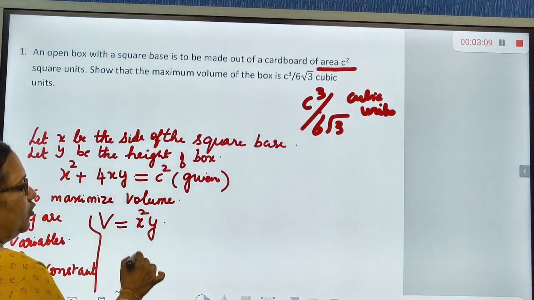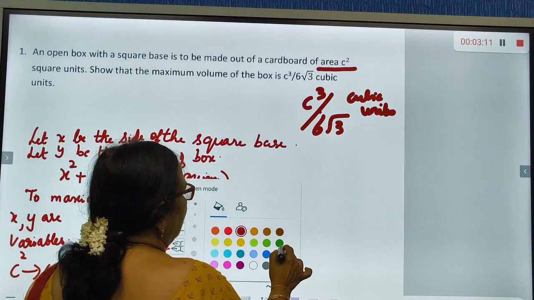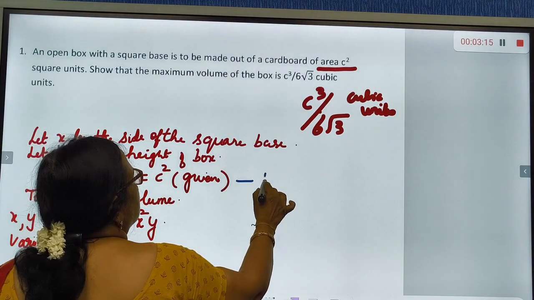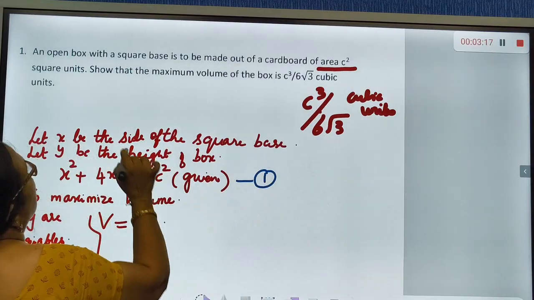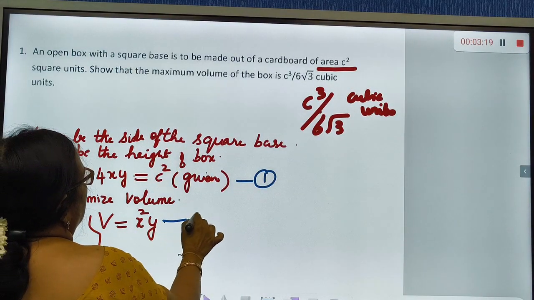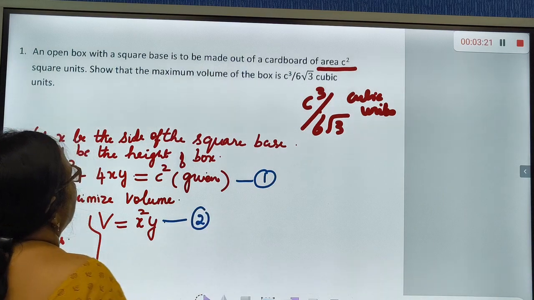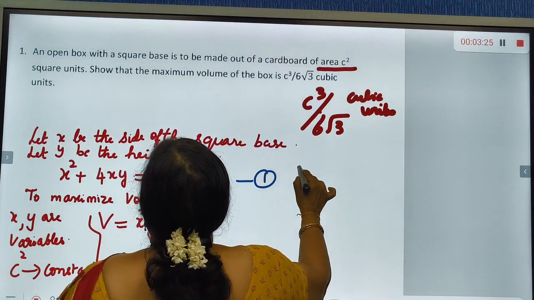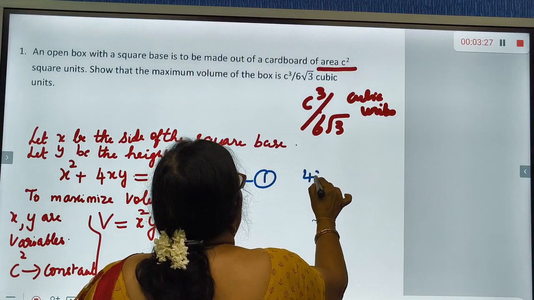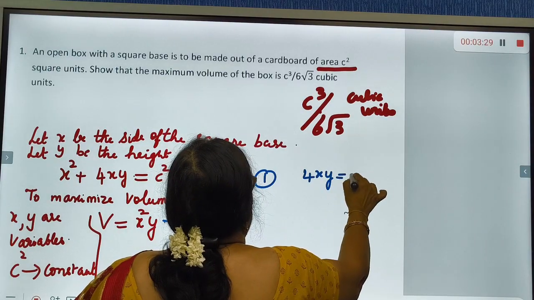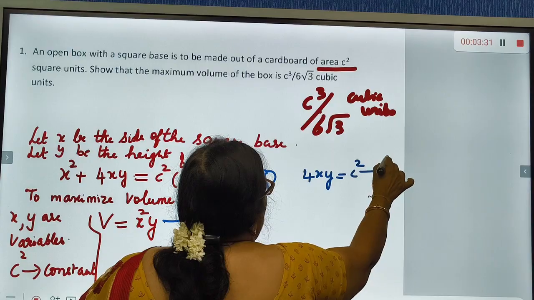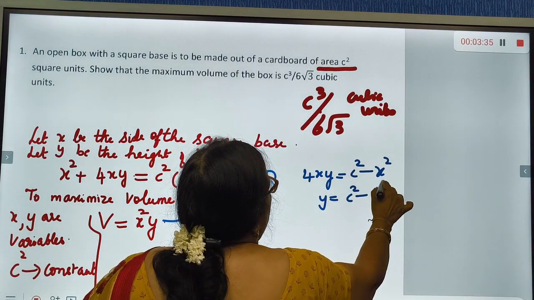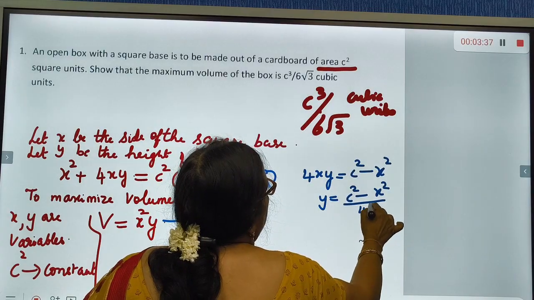Now this is a function of two variables, so we will convert it into a function of a single variable using this. What is it you have to maximize? Volume. Volume is a function of x and y. From here you know that 4xy is equal to c square minus x square, or y equal to c square minus x square by 4x.